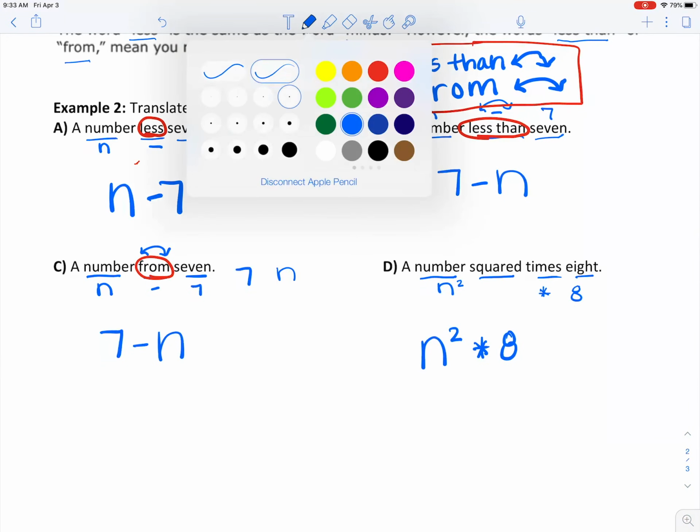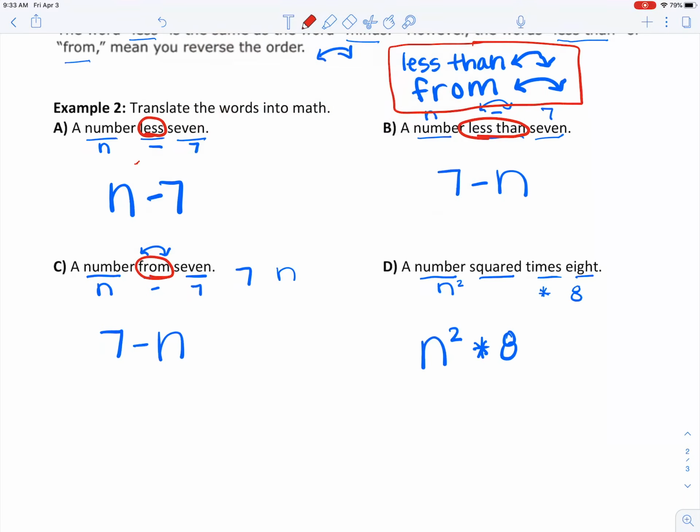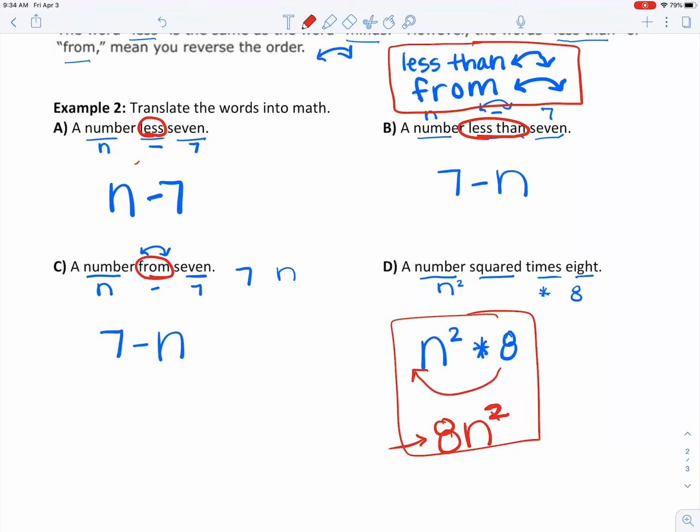Oftentimes, if mathematicians see a variable first and then a plain number, a lot of times they will put that 8 right in front. So a lot of times mathematicians will write it this way, 8 times n squared. I will accept either one of these two, but more often you'll see mathematicians write it that way, 8 times n squared.